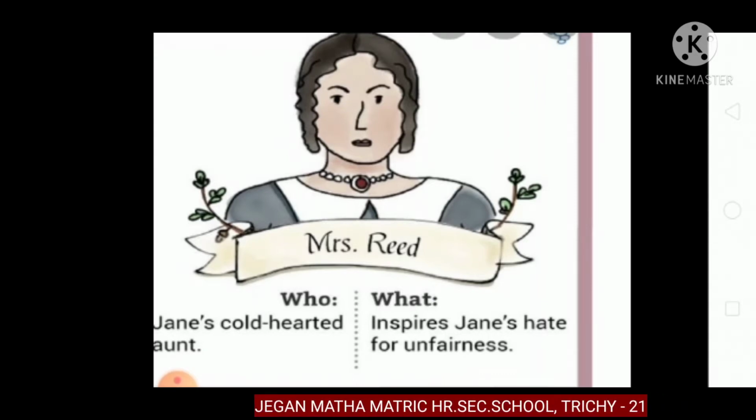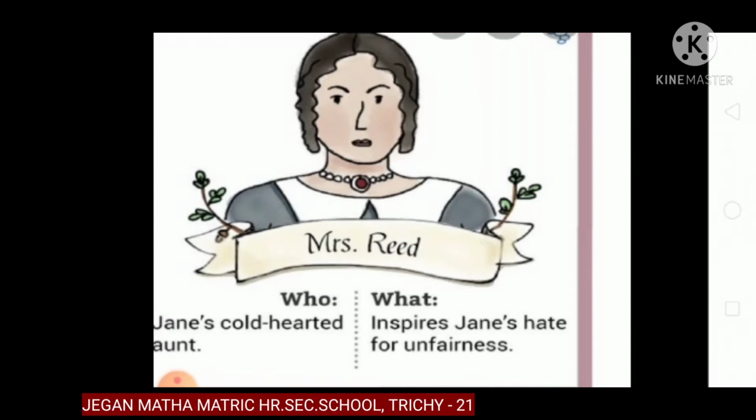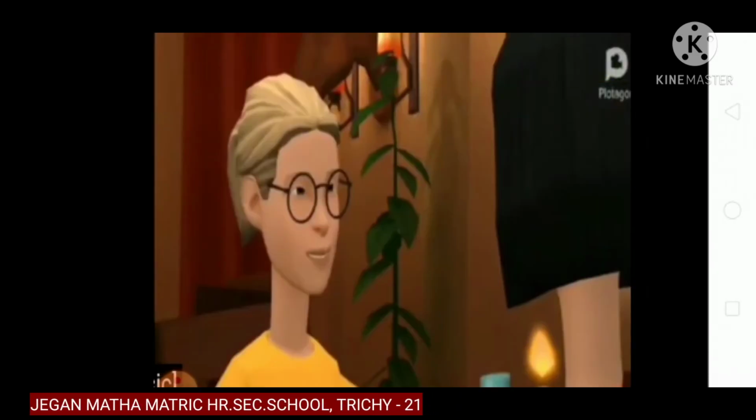Jane's aunt is angry with her, purposely excluding her from the rest of the family. So Jane sits alone in a window seat, reading Bewick's History of British Birds. As she quietly reads, her cousin John torments her, reminding her of her precarious position within the household.